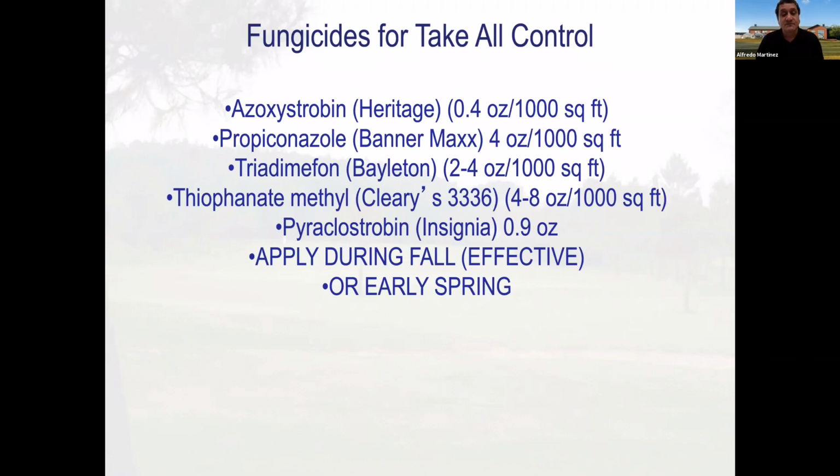We really need to implement some measures, so see what a soil test shows, and if anything is very low, then we need to address that. Take-all keeps getting worse due to something in the soil and the water, and we can take care of it by addressing that stressor and by some fungicides. Again, during the fall or early spring is one of the best timings to do that.